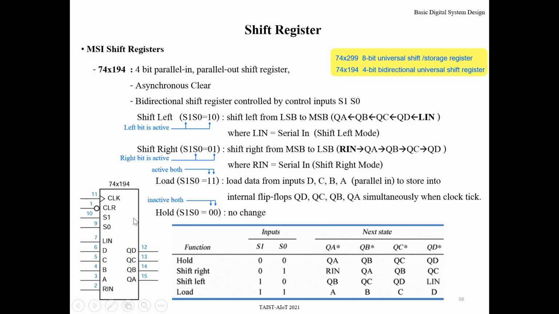And for this IC, it is a universal shift register. That means you can use it for shift left, shift right, hold, and load, as shown in this function table.